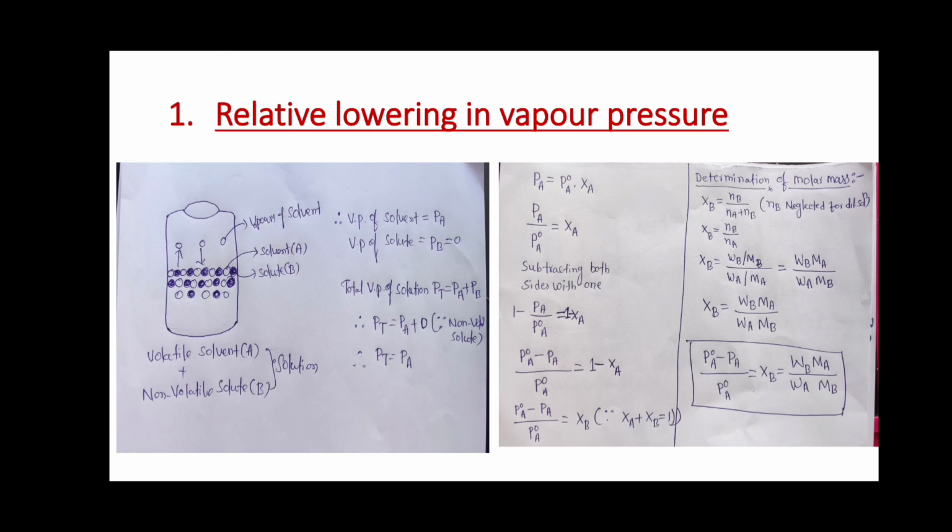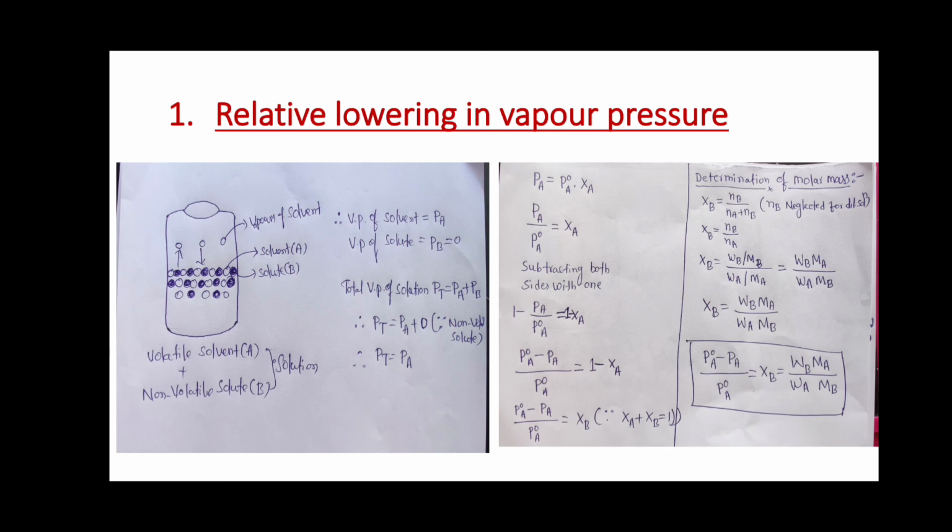Automatically the solvent particles decrease. When the volatile solvent particles decrease, the vapor pressure also decreases. So by adding non-volatile solute particles, we can decrease the vapor pressure. This again depends upon the adding of solute particles.